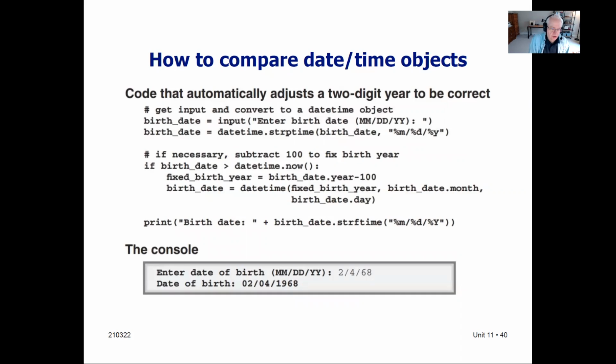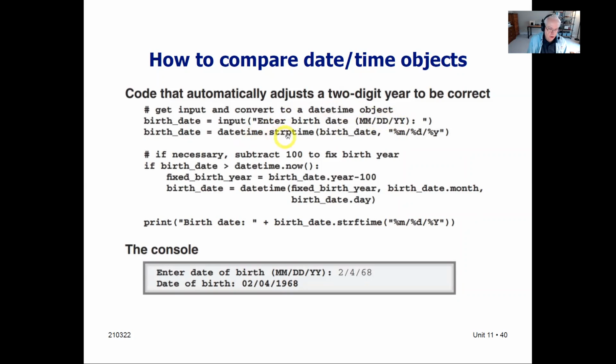So here's the code that's going to fix this. And I find it interesting that they put this in the book, but it's more practice using the tools, I guess is the whole point. So code that automatically adjusts the 2-digit year to be correct. So get the input and convert it to a datetime object. So here's where the mistake starts, right there.